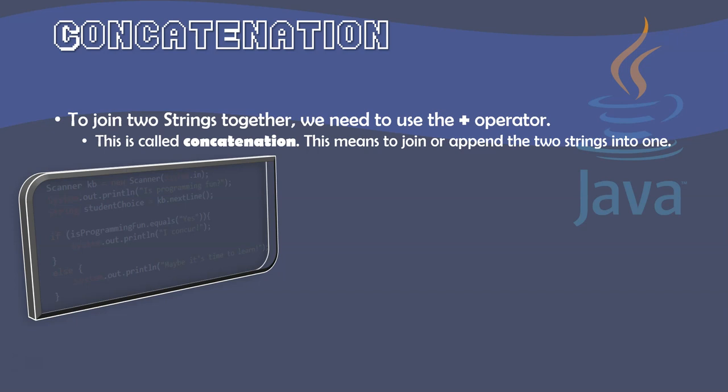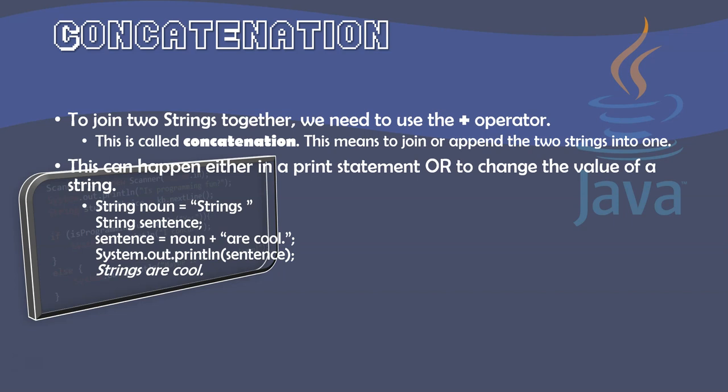And when we join strings together, we use the plus operator in order to make those two strings act as one. Now, this act of joining two strings is simply known as concatenation. All it means is to join or to append two strings into one. Now, this can either happen within our print statement, or we can use it to change the value of a string. So, for example, we have a string noun equals "strings" and string sentence.